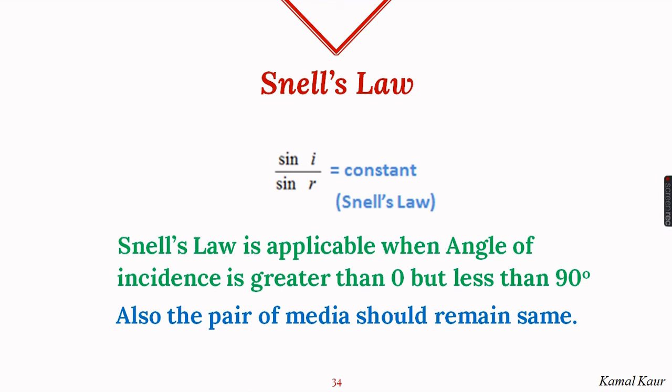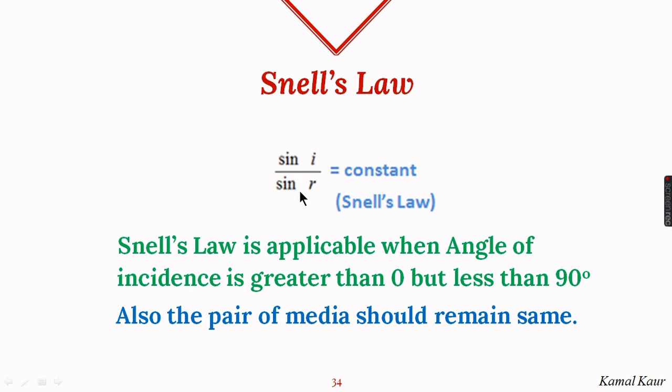Now Snell's law is applicable under 2 conditions. First is when the pair of media remains the same. Means if we have taken, let's say, air and water and we keep on changing the angle of incidence, then the sine of the angle of incidence and the sine of the angle of refraction ratio will always remain constant. By changing i, r will also change so that this ratio remains constant all the time.